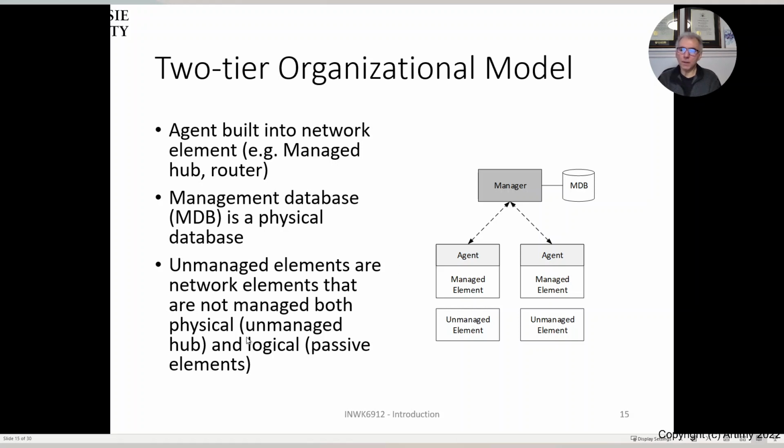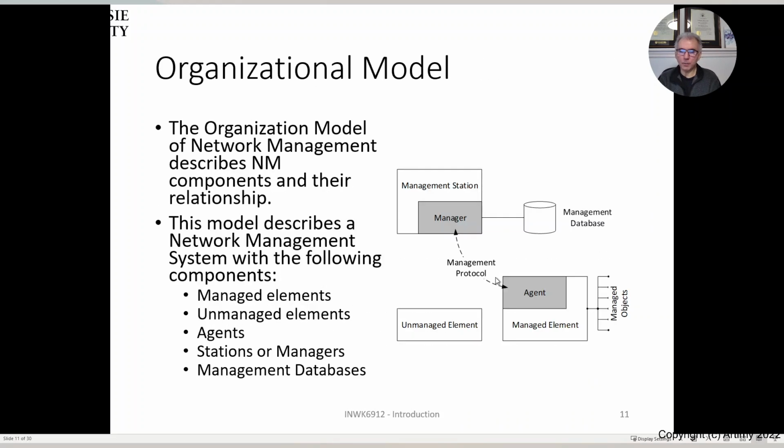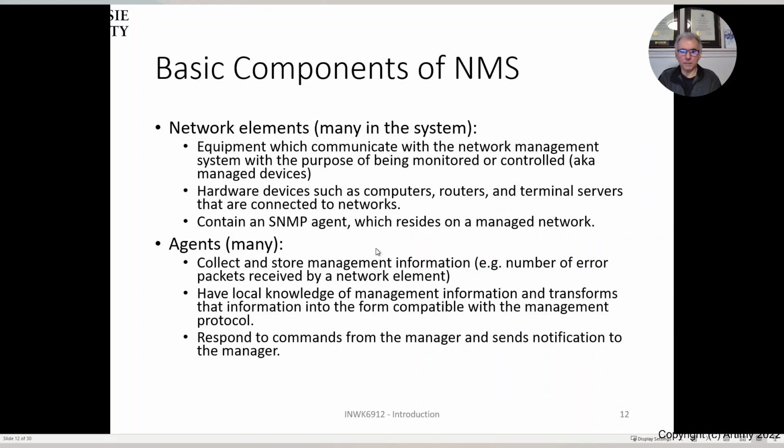So we saw one type of relationship, which is this one. We have one management station, one managed element, and these gray areas represent the software that we use for management.